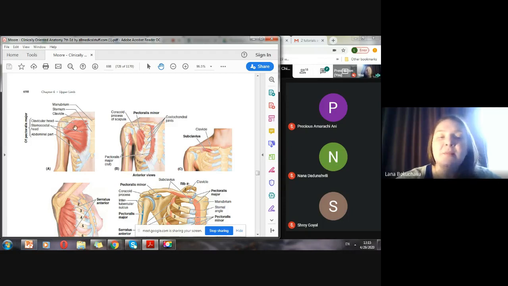So as a result, imagine that all of these fibers are contracting. So where will they pull the humerus here? I do believe it's clear that they will pull it towards the midline, towards the median plane, and that type of movement we simply call adduction. So one of the important types of movement here will be adduction. But we should not forget the type of joint which it is crossing.